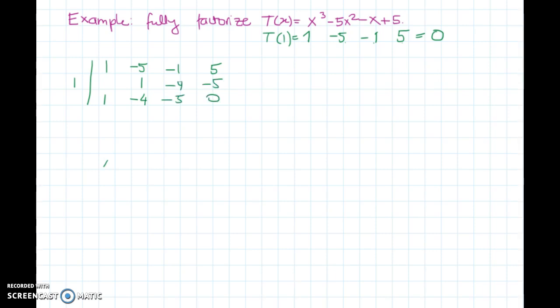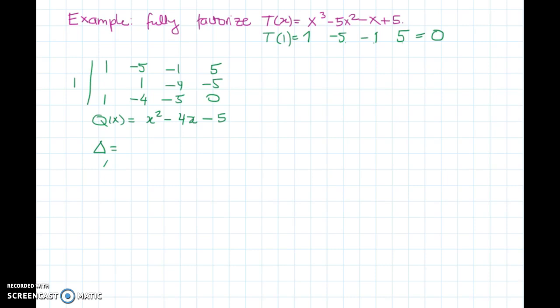So we check again, the result was what we wanted. So the polynomial we are left with, let's call it q of x, is x squared minus 4x minus 5. And we'd like to factorize this polynomial if it's possible to factorize it. We can check quickly if that's possible or not.